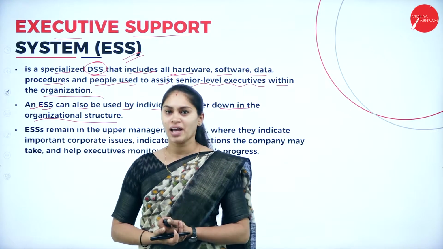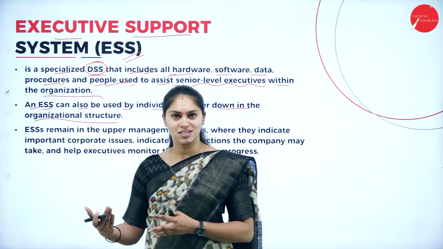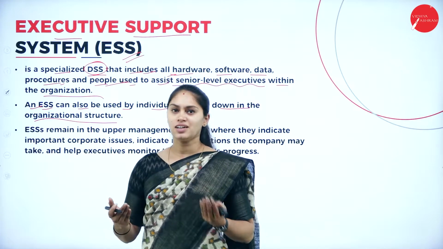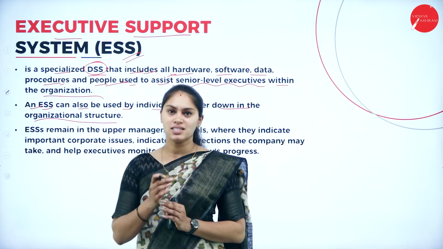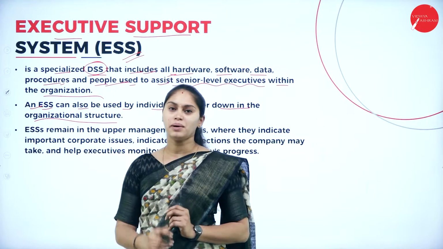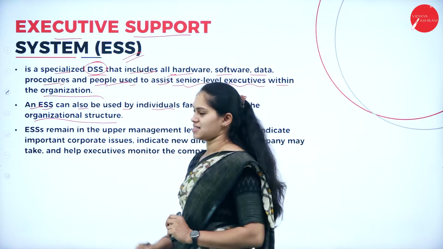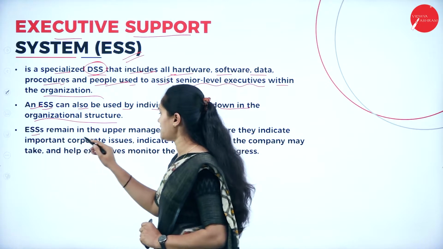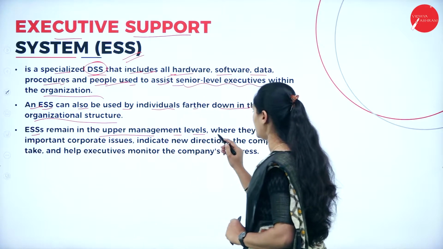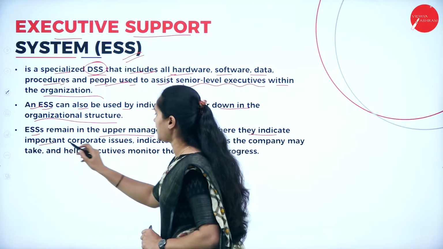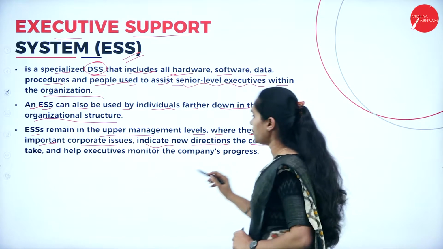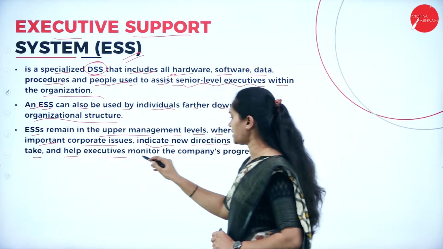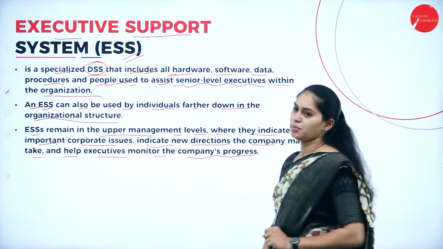Then who is going to help them a lot in order to make business decisions, whether right or wrong? The information system has to guide them and assist them at best. For that purpose, we have this ESS. This ESS remains in the upper management level, where it indicates the important corporate issues, indicates the new directions the company may take, and helps executives monitor the company's progress.